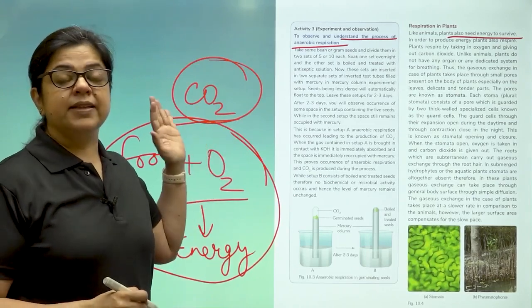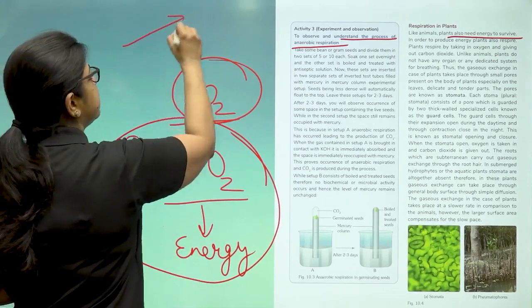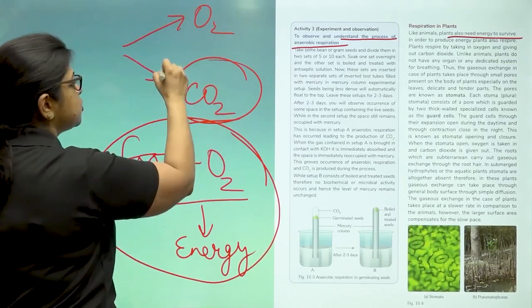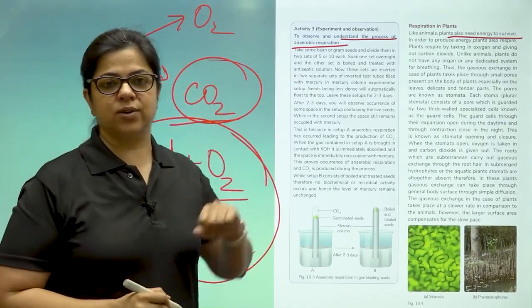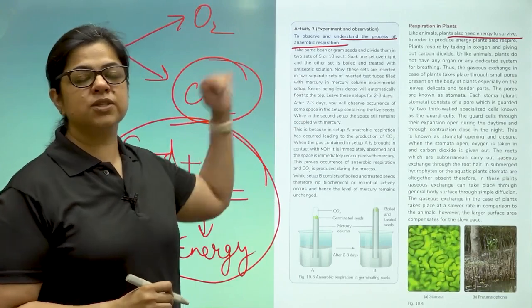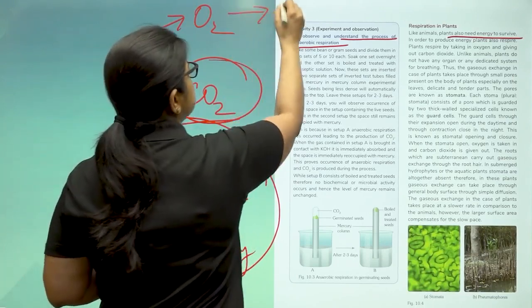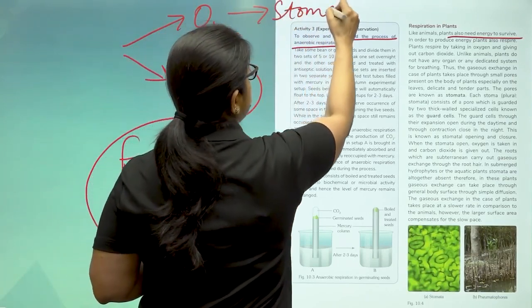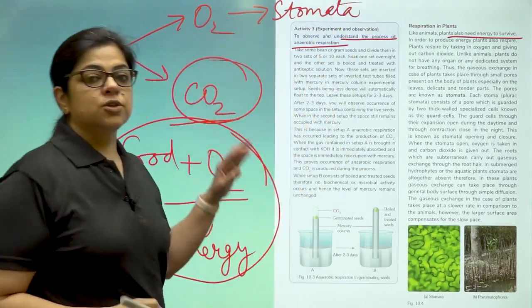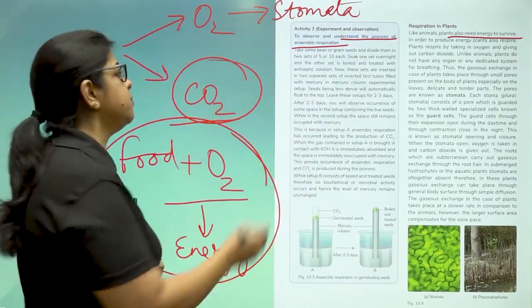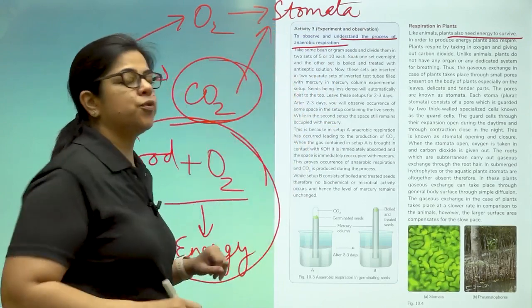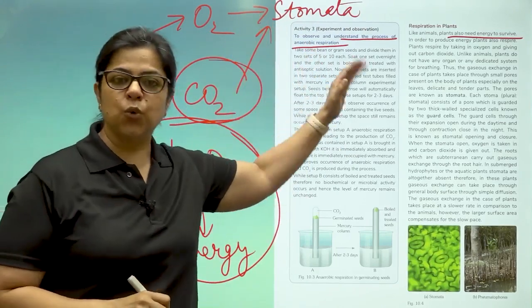And this reaction will give a byproduct, that is carbon dioxide. That means that plants not only give out oxygen, they also give out carbon dioxide. And where does oxygen come out from? Oxygen comes out from stomata. So, where will carbon dioxide come out from? Carbon dioxide will also come out from the stomata only.